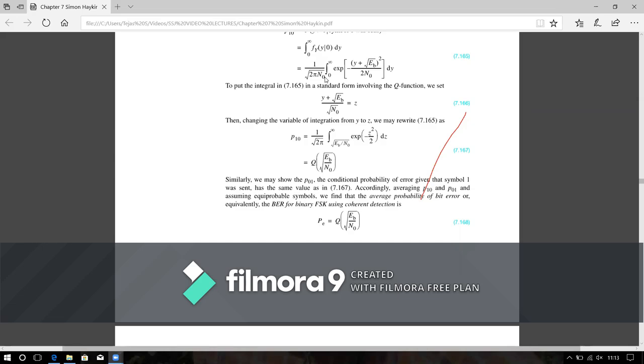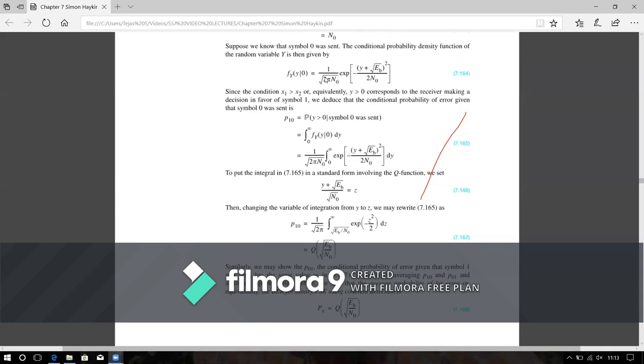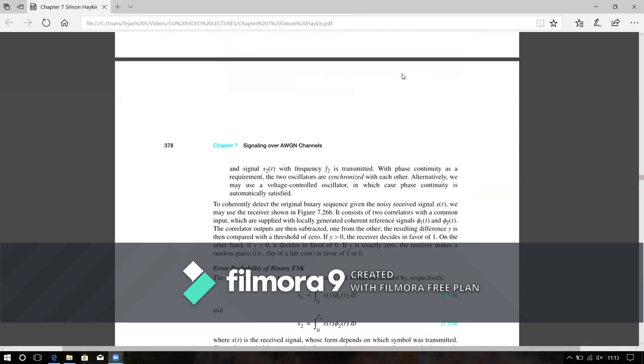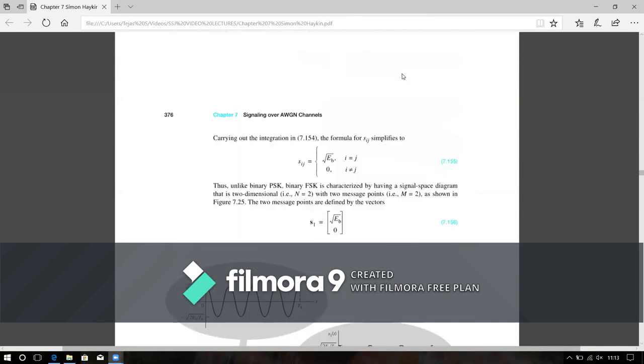Now let me go to the error probability of QPSK.